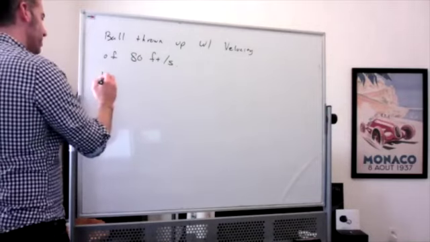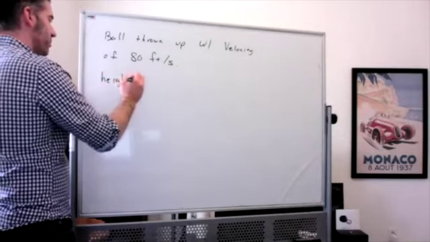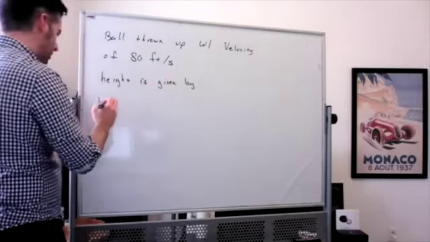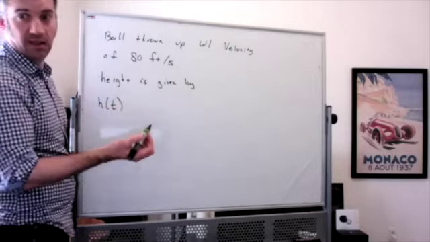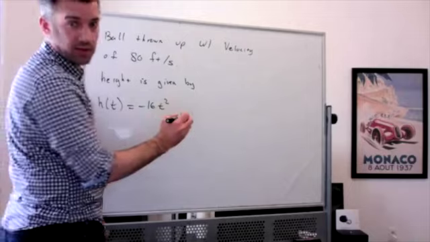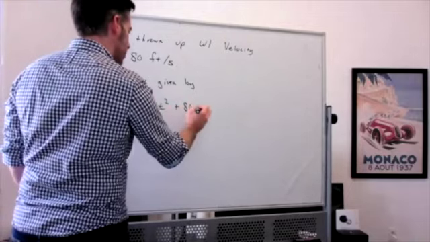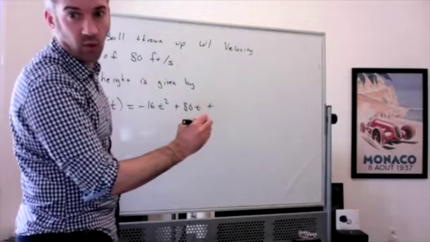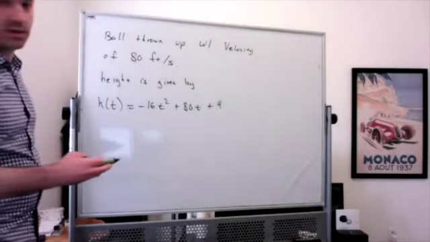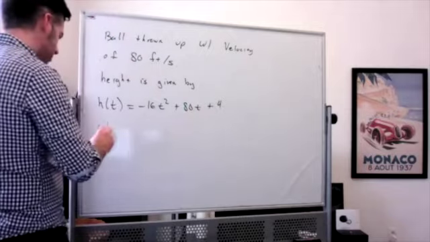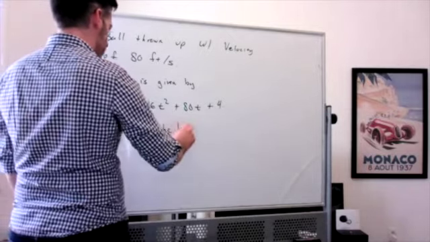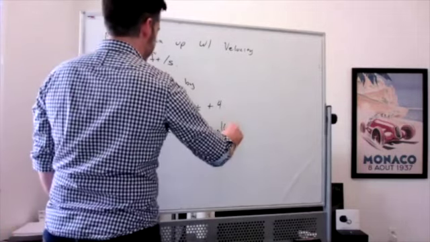So the height of the ball is given by the equation h of t, the height at time t, is equal to negative 16t squared plus 80t plus 4. And the question we want to answer is, when will the ball be 100 feet above the ground?